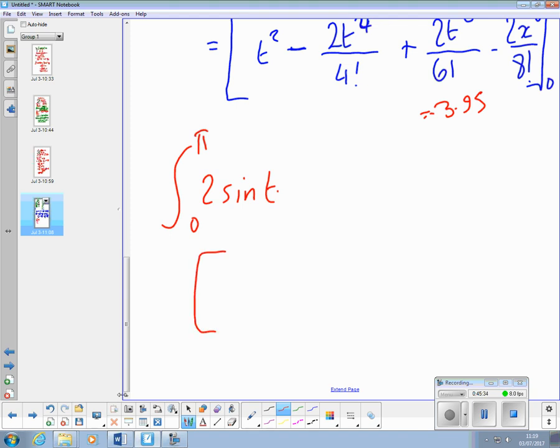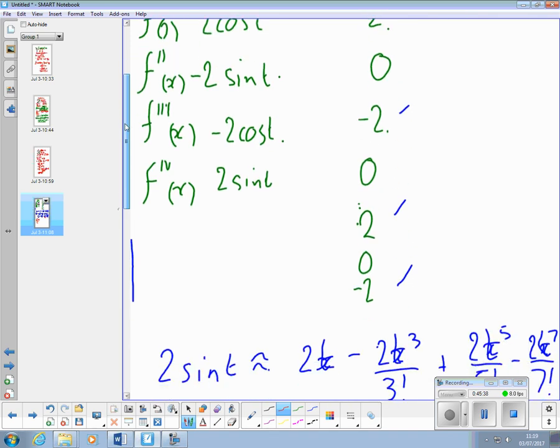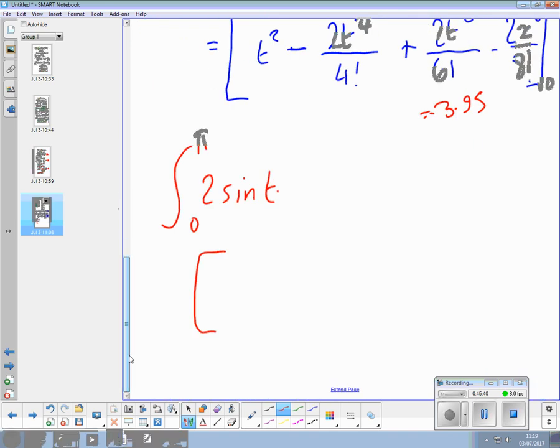We already did it earlier on, didn't we? No, we differentiated it, sorry. If we integrate 2 sine t, what do we end up with? Look in your table. First of all, we can bring a constant outside.